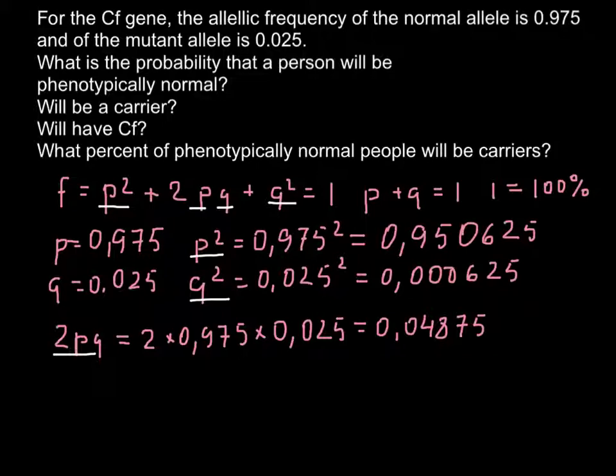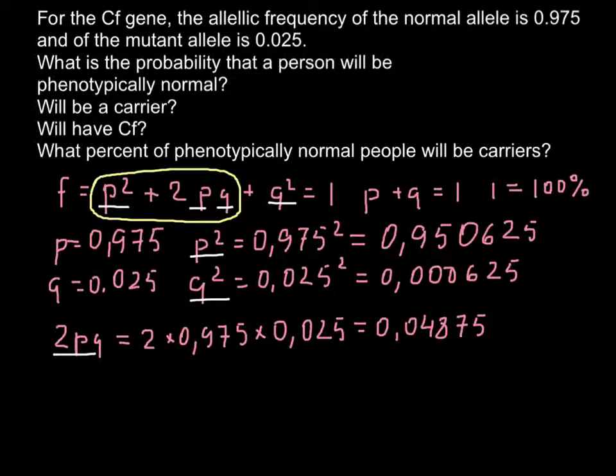So let's now read the questions. What is the probability that the person would be phenotypically normal? As you see, these two genotypes represent the normal phenotype. The heterozygous condition here would also be a normal phenotype, because cystic fibrosis is a recessive disorder.